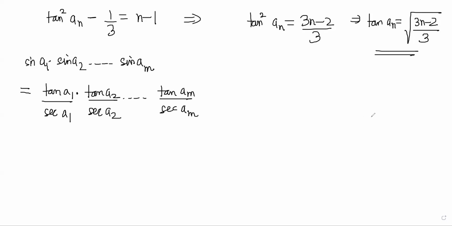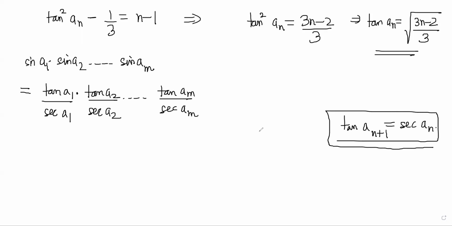Now remember what result we got earlier as part of our recurrence. We knew that tan a_{n+1} was equal to sec a_n. We already had that in the first step of the recurrence, right? So every sec is tan of the next higher term.